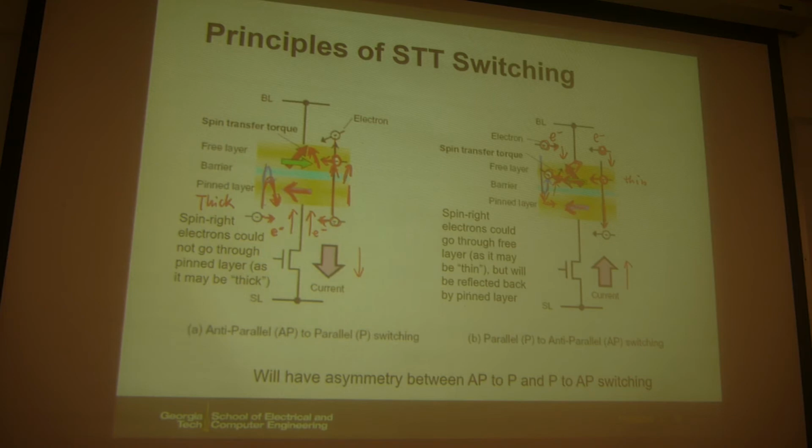They may be a little bit different, because one is relying on the direct pass-through electrons, the other one relying on the additional reflected electrons. So that means for STT-MRAM, when you write 1 to 0 and 0 to 1, they are not the same in terms of the write current or the write speed. 1 to 0 or 0 to 1 switching are not exactly the same.